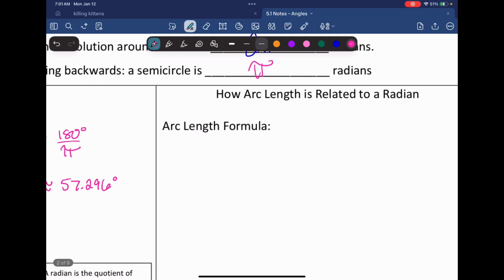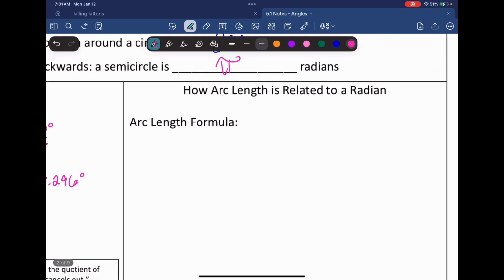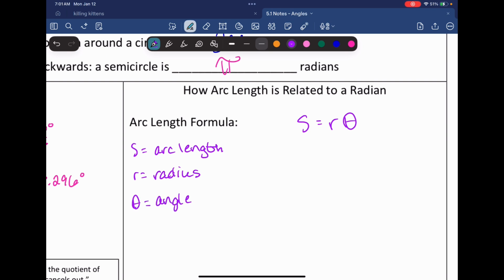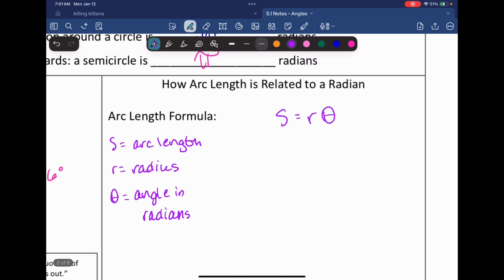How is arc length related to that? We'll cover it officially in a little bit, but arc length, S for arc length, R for radius, theta for angle. So S equals R theta, with theta in radians. You might remember.